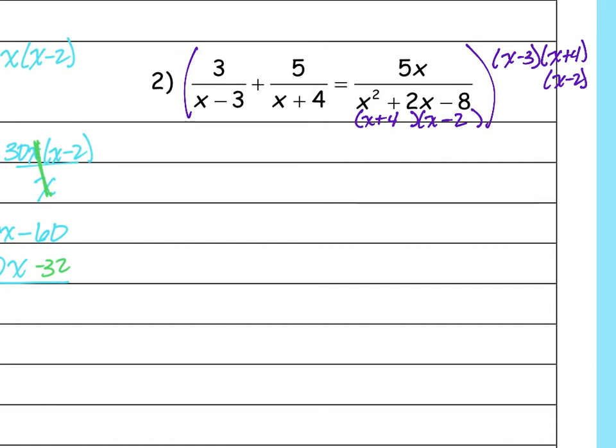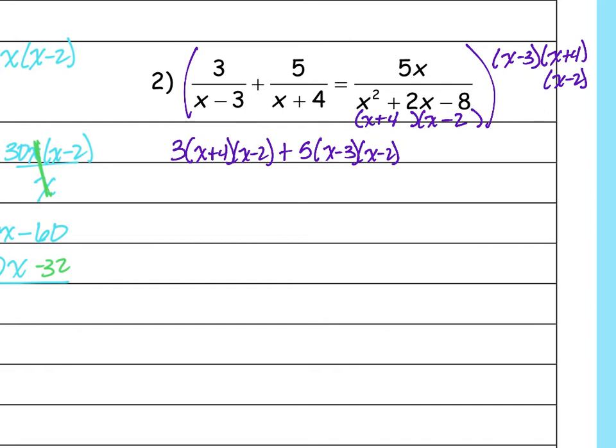So, on the first one, what can I get rid of? X minus 3, right? So I'm left with 3 times x plus 4 and x minus 2. And in the second one, what can I get rid of? X plus 4. Good. So I get left with x minus 3 times x minus 2.